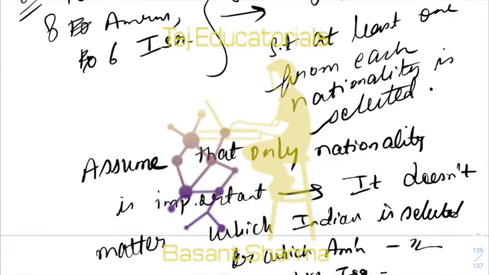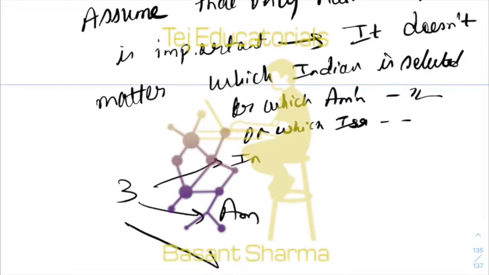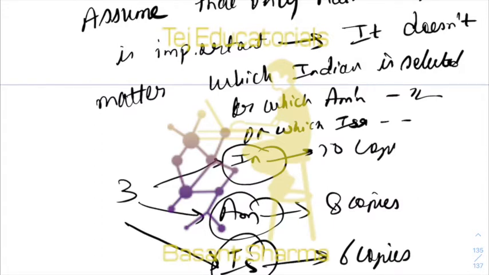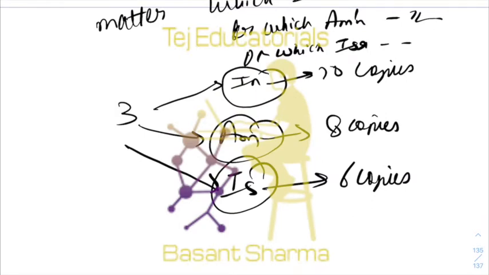So essentially, you have 3 different objects: Indians, Americans, and Israelis, and you have 10 copies available of the first, 8 copies of the second, and 6 copies of the third. The selection of a particular Indian is not important, so all these are identical copies. I will modify the question later when it begins to matter which Indian, Israeli, or American is selected. We will solve that question after this problem.